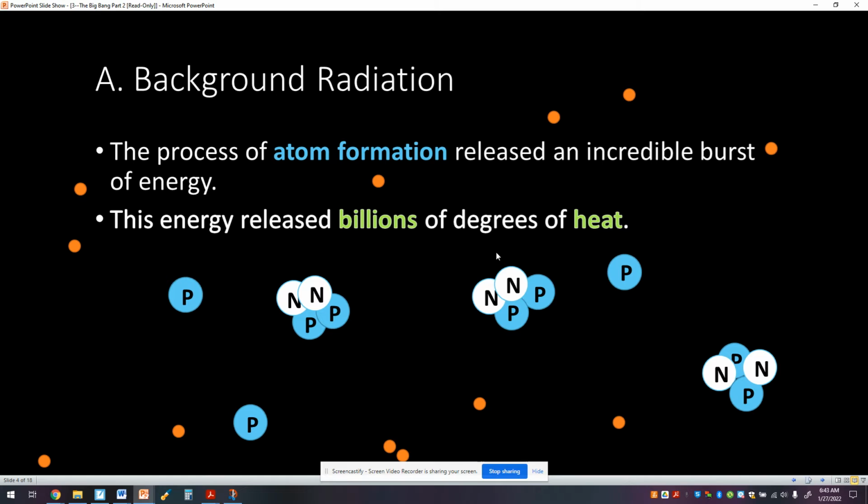So the process of atom formation, you want to write that down, atom formation released an incredible burst of energy. And this energy released billions of degrees of heat. Okay, so getting these atoms together releases a lot of heat and energy that was thrust out basically into the universe as we combined these protons and neutrons together.